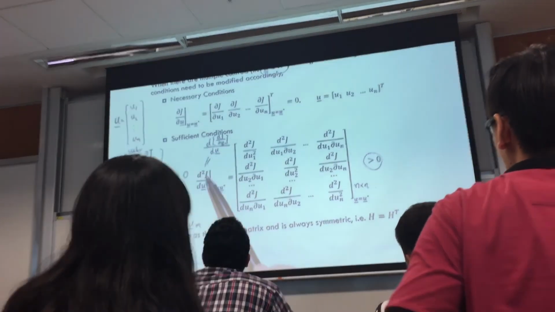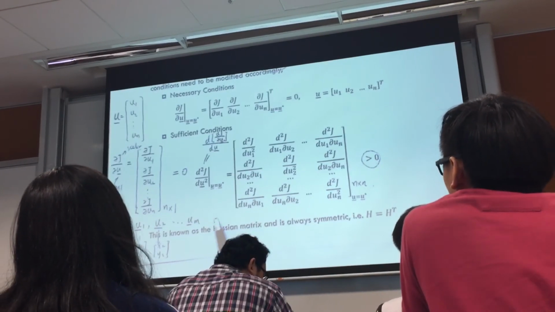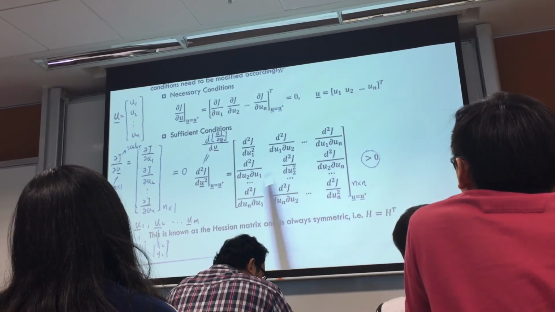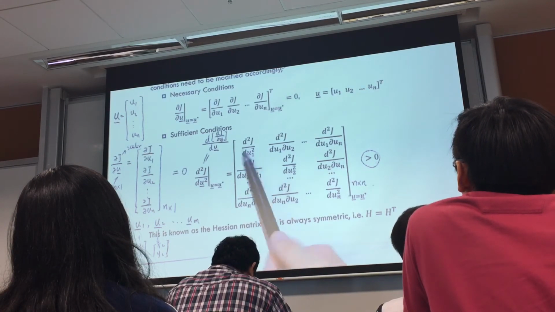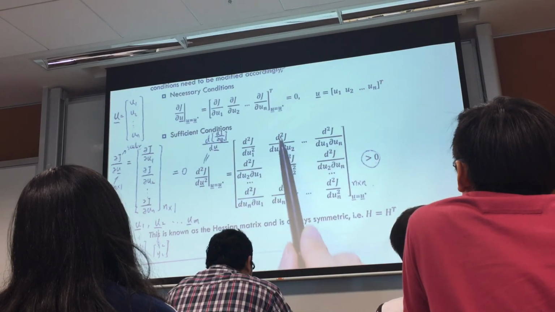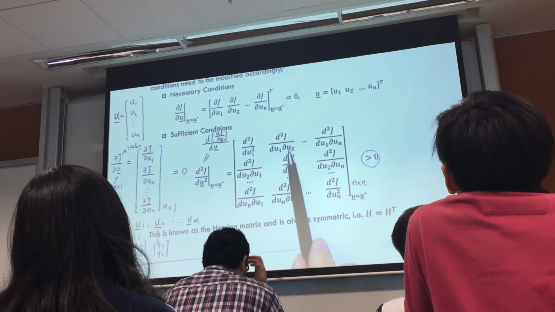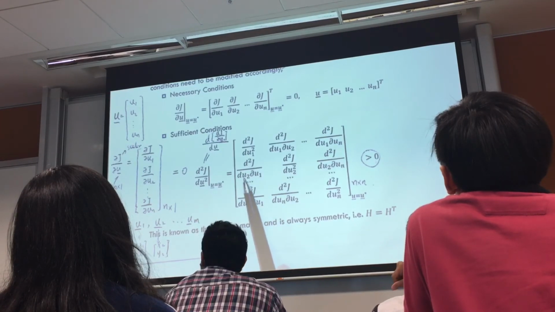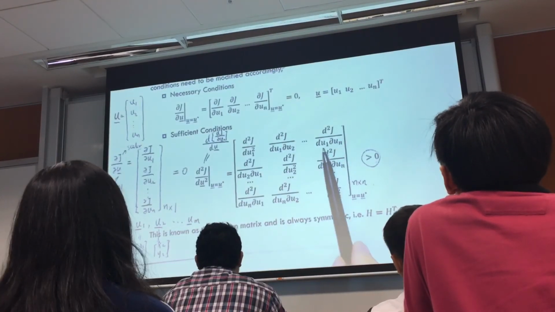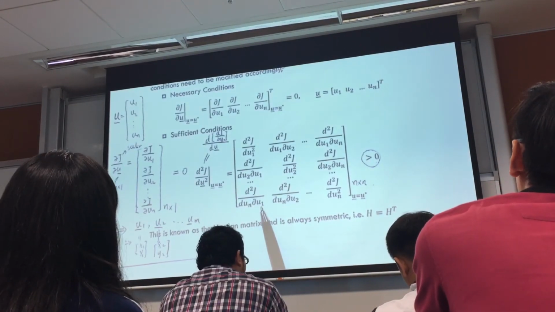For the second derivative, this Hessian matrix, if we observe the structure of the matrix, we can see that we have d²J/du1du2 here, and d²J/du2du1, up to d²J/du1dun, and here we have d²J/du1du1.